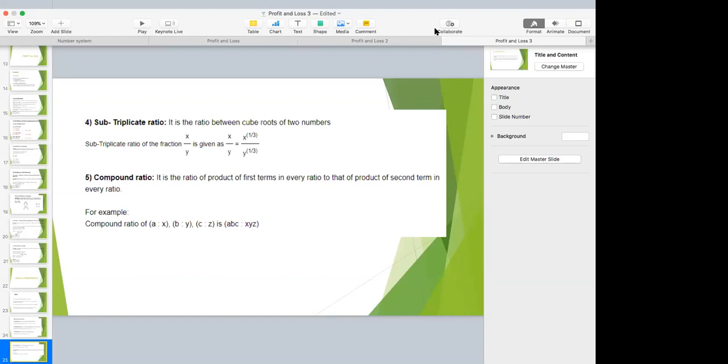So the compound ratio will be multiplication of all the numerators. The numerator of the first ratio is a, of the second ratio is b, of the third ratio is c. So that multiplication will be abc, and the denominator will come from multiplying the denominators of all the ratios. So that will be xyz.